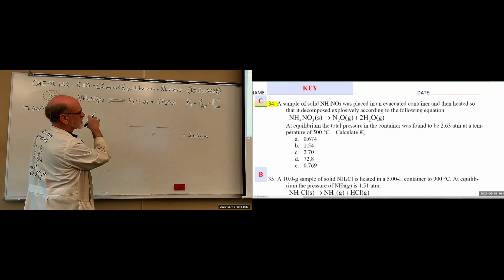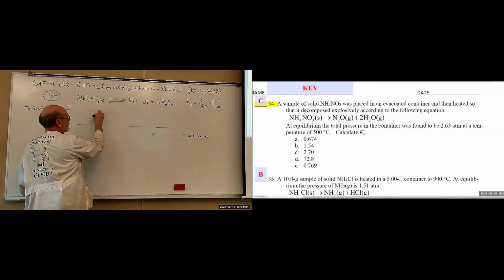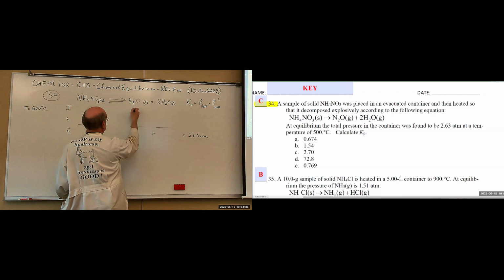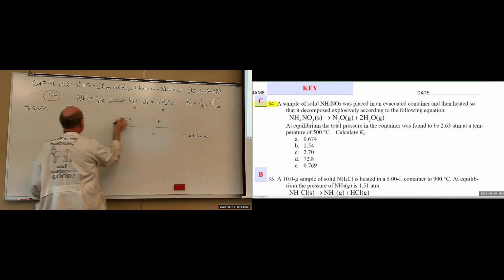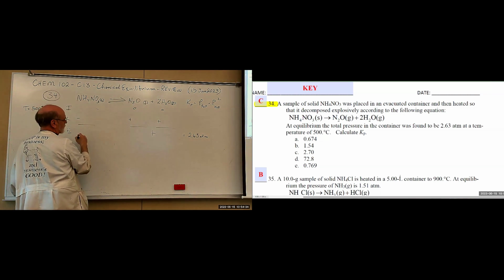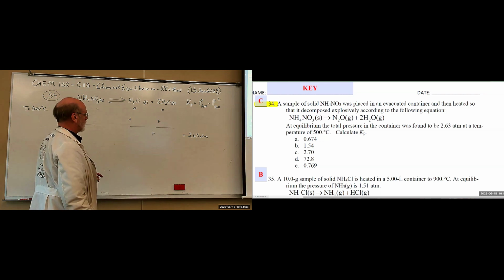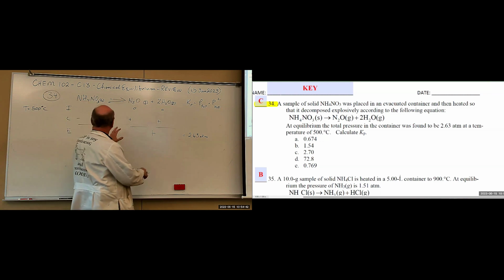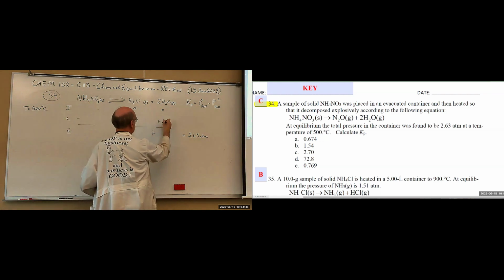Didn't say how much, did it? No, it didn't say how much. So we've got a certain amount here, and it's going to produce a change here where we get some there and some there, and then whatever we subtract here. So we're going to get so many moles here, and we're going to get twice that many moles here, correct?